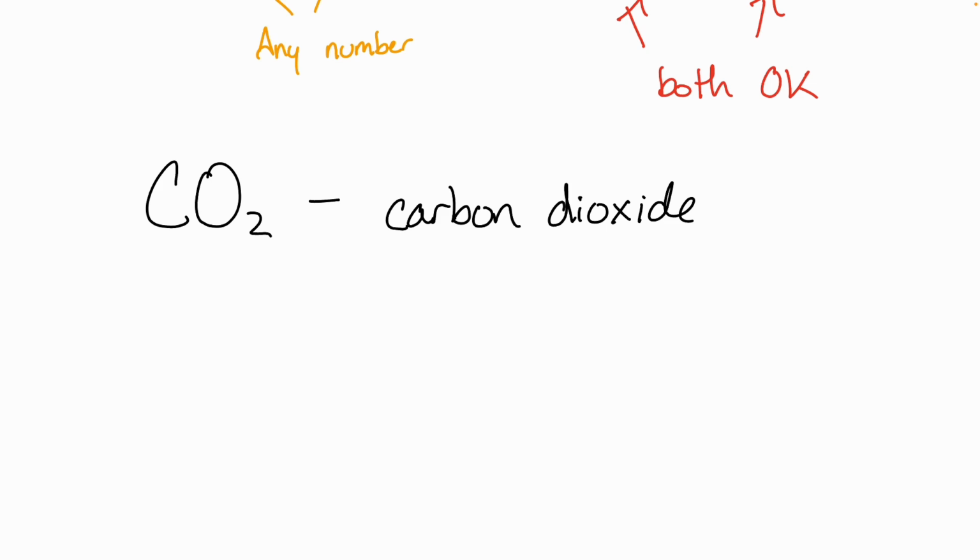So first of all, the first element in my formula, I didn't change that name at all. It's just carbon. The second element in my formula, the oxygen, does still have that IDE ending. All right, but now we have this new component to our name that we haven't seen before, this prefix. And what does that di tell me? It tells me that there are two oxygens in that molecule, right?